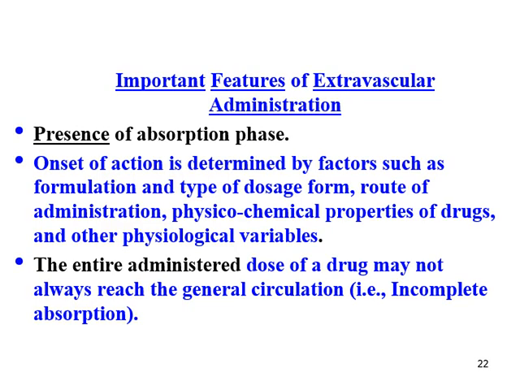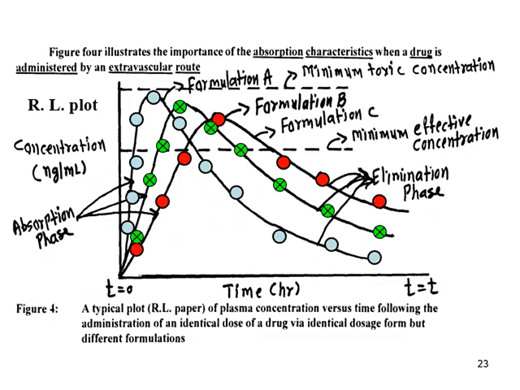This figure is a typical plot of plasma concentration versus time, following an extravascular administration of the same drug, same dose. But for A, B, and C, the formulation is different.